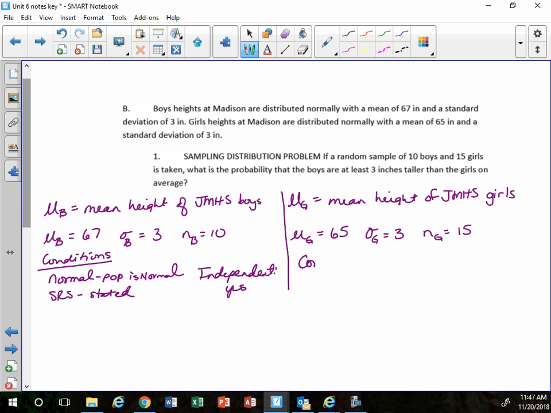Do you have to rewrite all of that for the girls? Yes. You do. Okay. So far, so good?